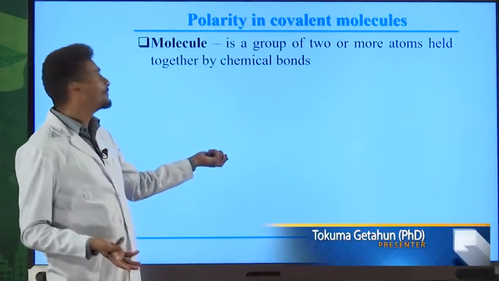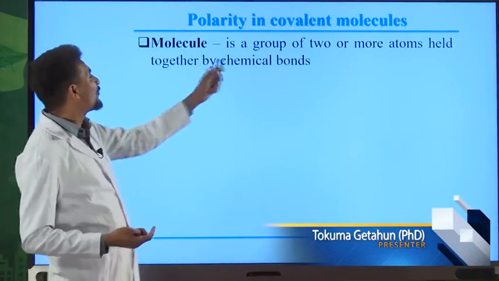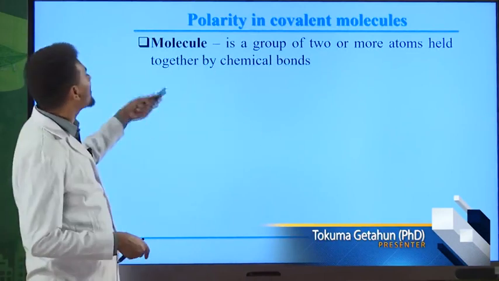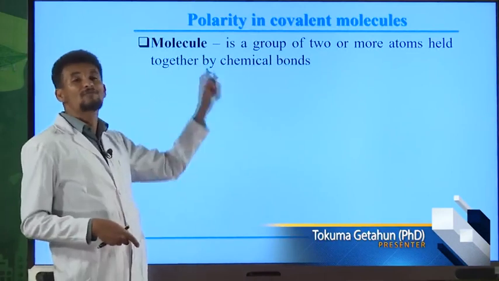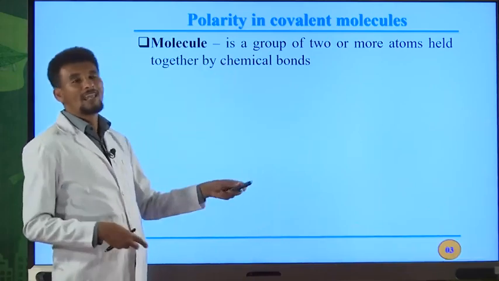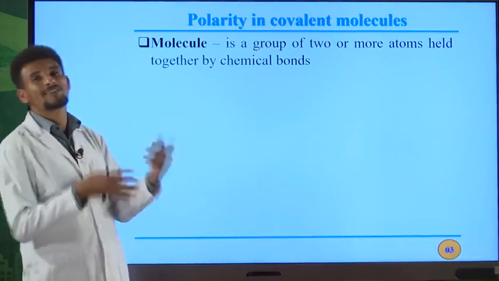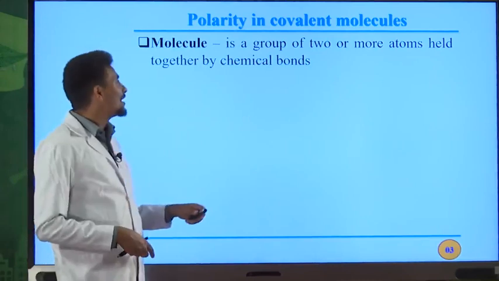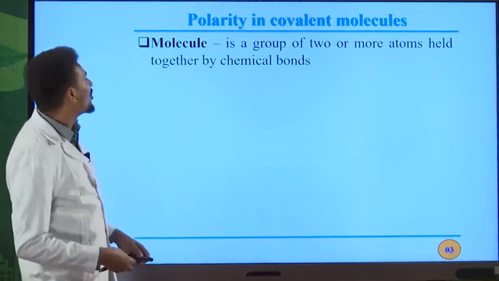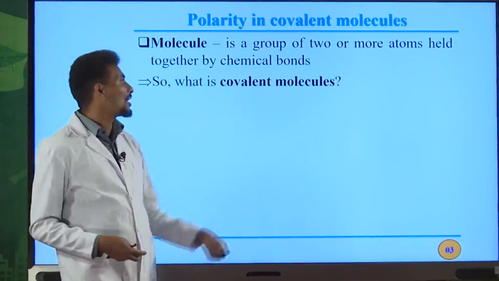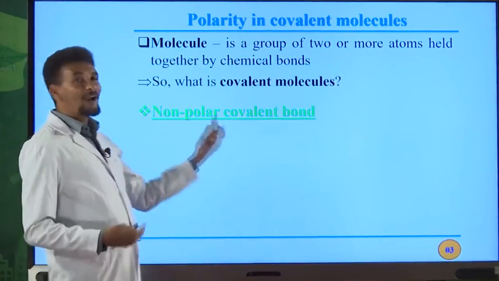What is a molecule? It is a group of two or more atoms held together by chemical bonds. If the atoms are held together by covalent bonds, these types of molecules are known as covalent molecules. Okay, nonpolar covalent bond.